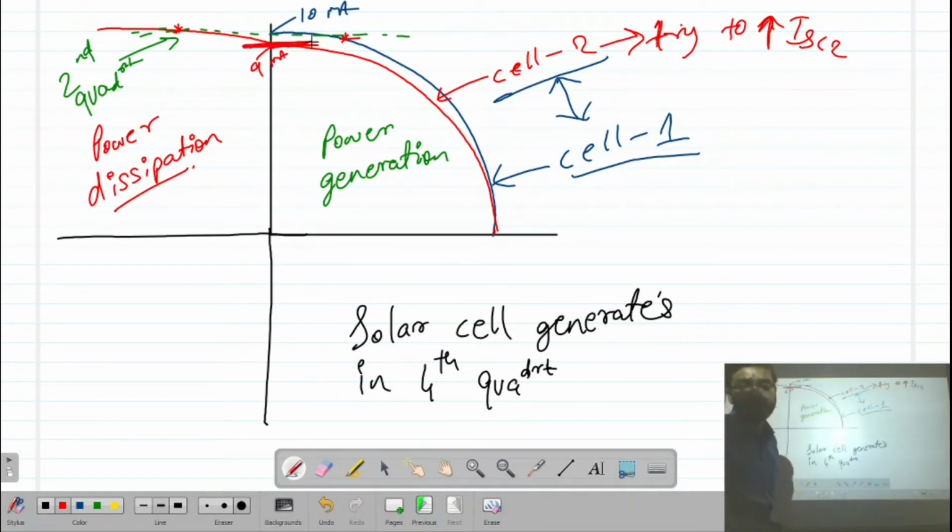So in this process of increasing and dissipation of current, the overall current limits itself. The module of the combination of two cells will have a limit up to 9 milliampere. This is the reason behind getting only 9 milliampere, limited to the current of the cell which is lower among both.